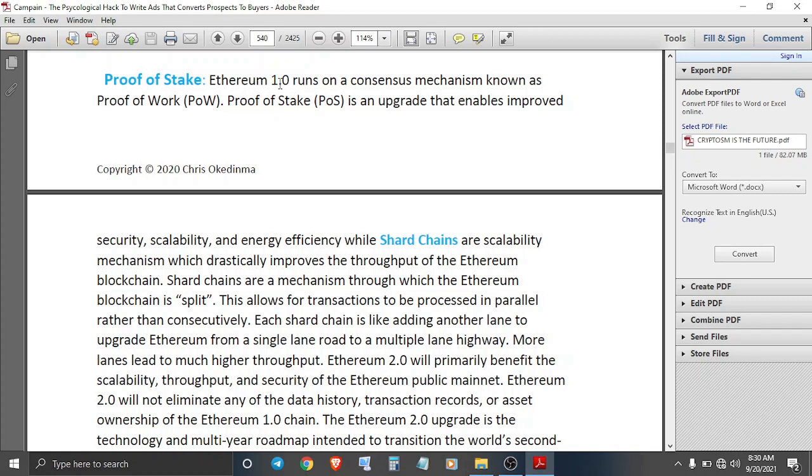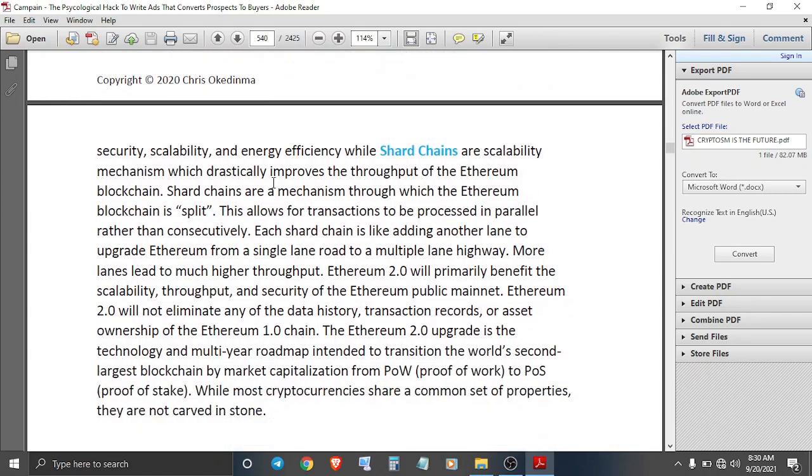Ethereum 1.0 runs on a consensus mechanism known as proof of work. I think I said this earlier. Now, proof of stake is an upgrade that enables the Ethereum network to improve the security, the scalability, and the energy efficiency it had before.